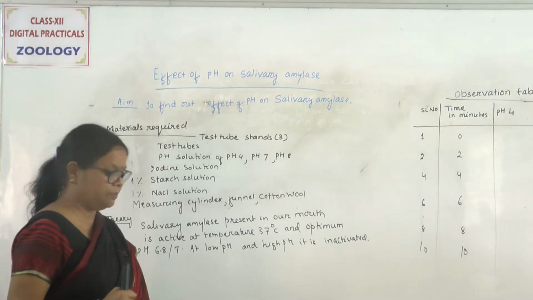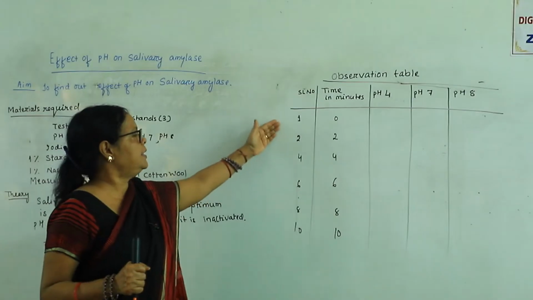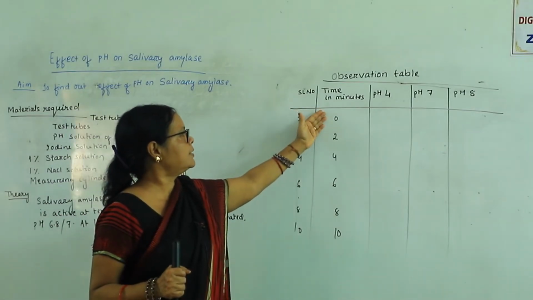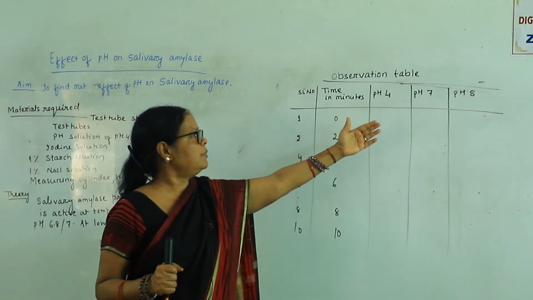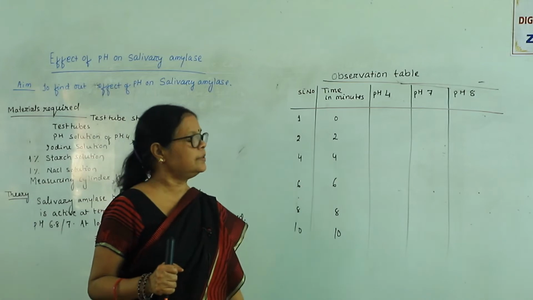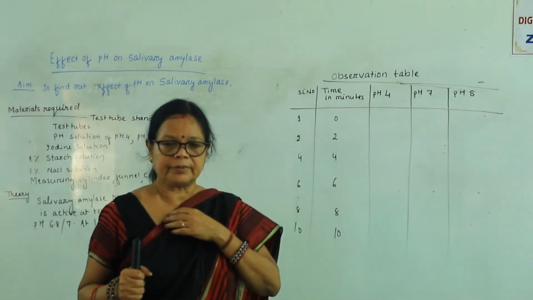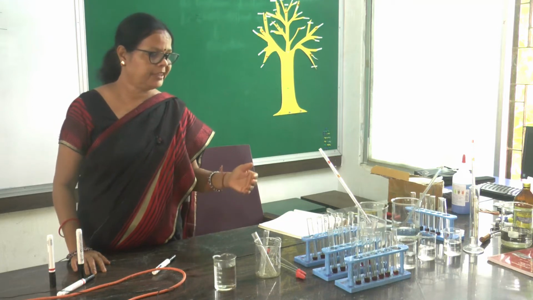In the experiment we will carry out, this is the observation table: serial number, time in minutes, pH 4, pH 7 and pH 8. Under these pH conditions, you have to observe what color changes occur.